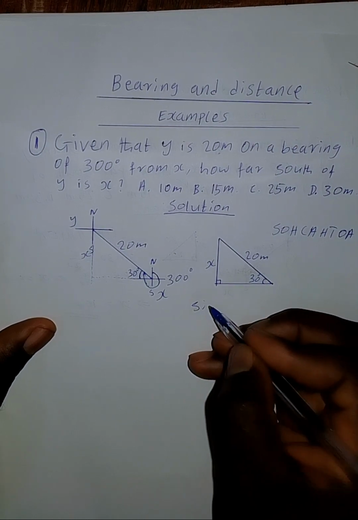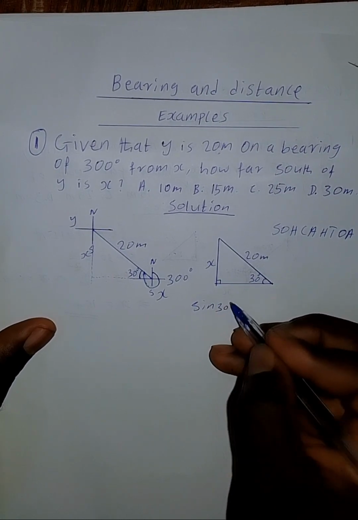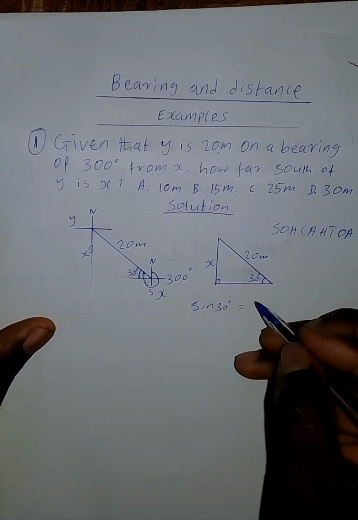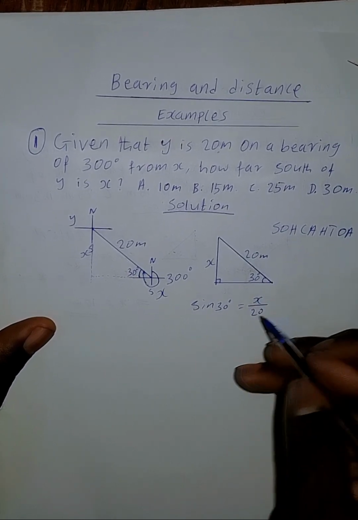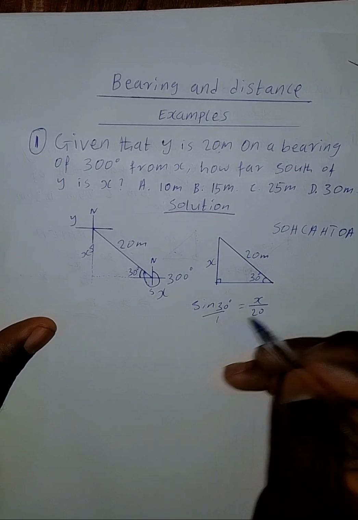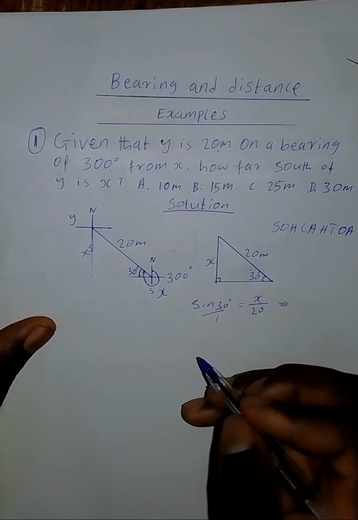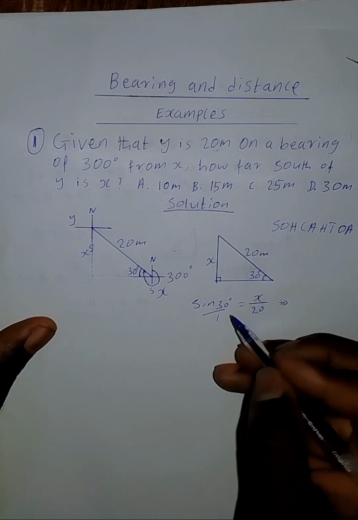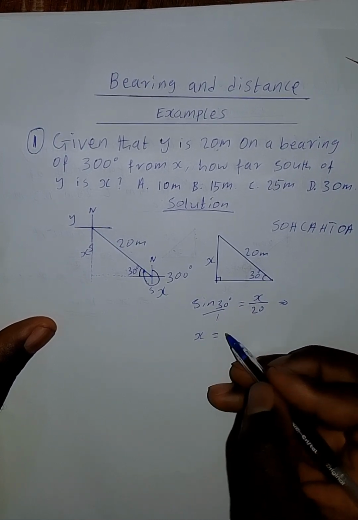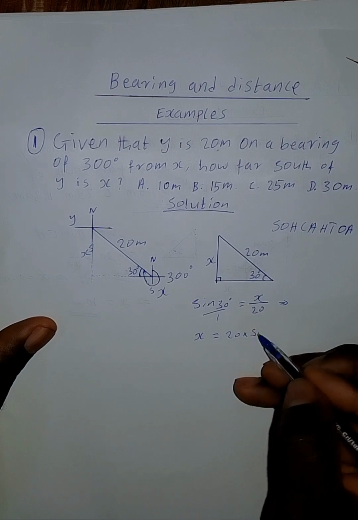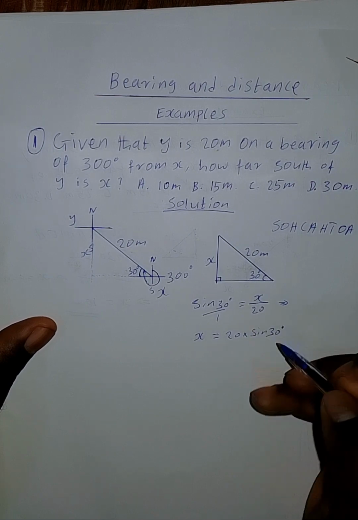So sine 30 degrees is equals to opposite, which is x, over hypotenuse, which is 20 meter. So when I cross multiply, I will have that 1 times x will give me x, which is equals to 20 times sine 30 degrees.